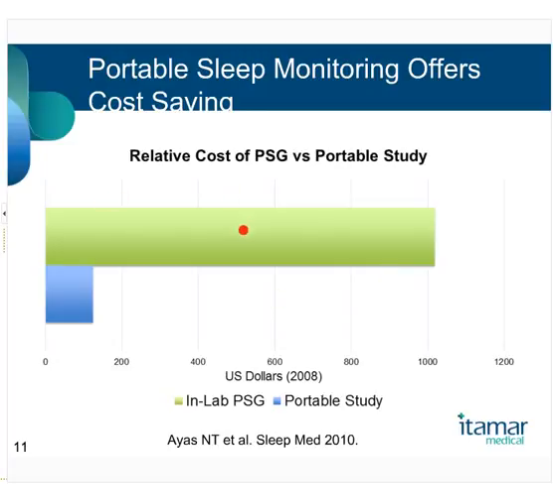This shows the relative cost between polysomnography in the green bars and a portable study, a generic portable study, not any one particular one, in the blue bar. And you can see that if you just look at the relative costs, the home tests are capable of providing a considerable amount of savings over the cost of polysomnography.